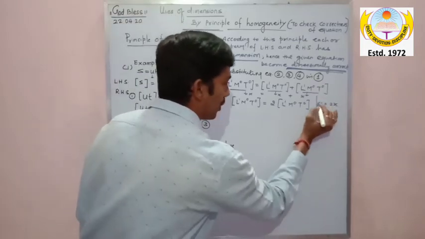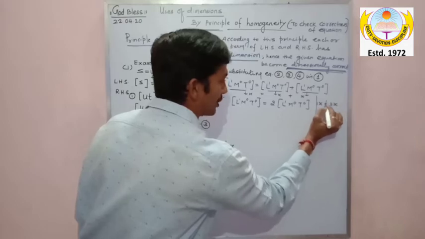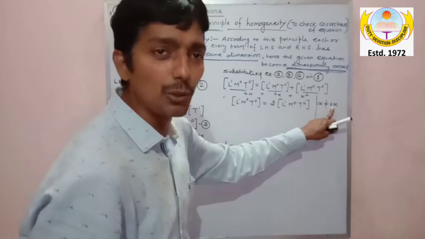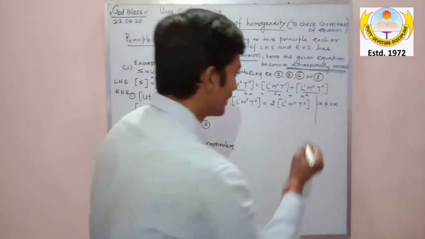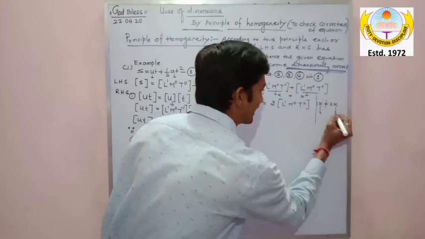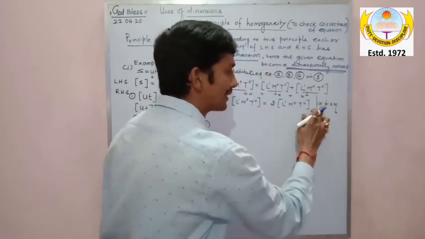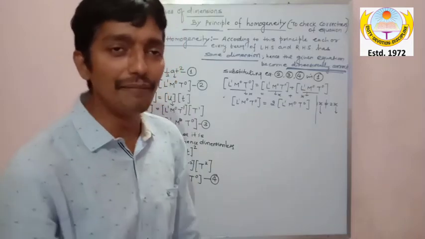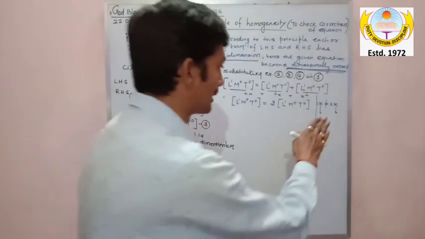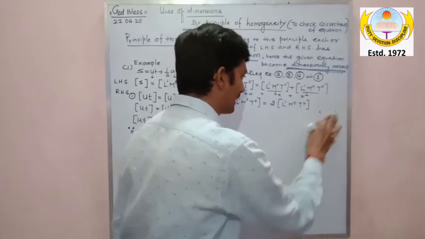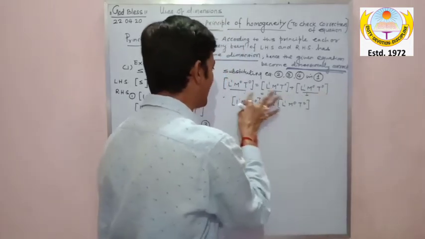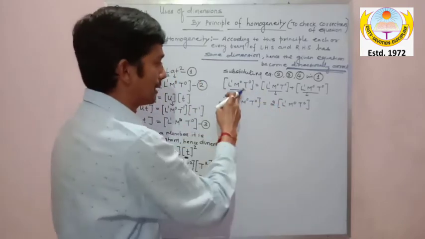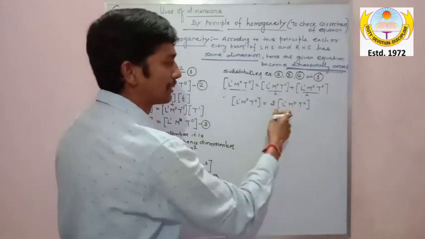But my dear, I know that 1x cannot equal 2x. I understand. But x is equal to x. So here this 1 and 2 are numbers, and we are not interested in numbers because numbers are dimensionless. So here, at the most, I am writing that after getting, suppose you did this step too, L1 M0 T0 is equal to 2 times L1 M0 T0.